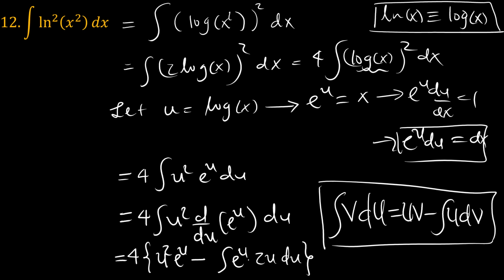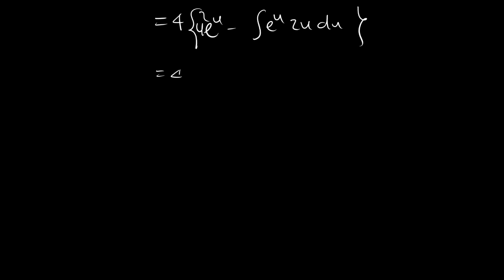So we have come to a point where we have 4 times u squared e to the u minus 2 u e to the u.